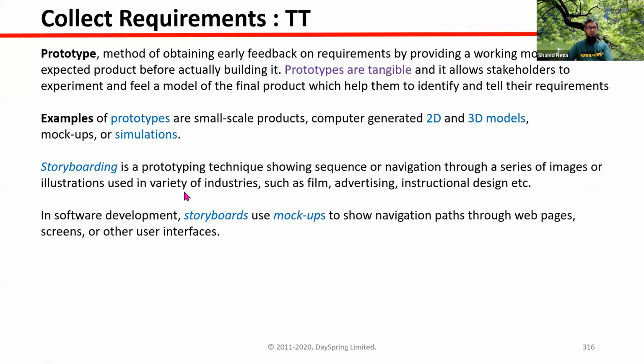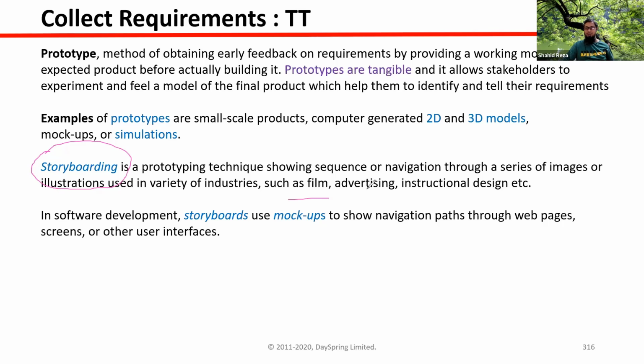And I already talked about prototypes. We can use 2D, 3D models, as I explained for the bridge. We can use simulations. Storyboarding, where is that used? In cinematography, right?